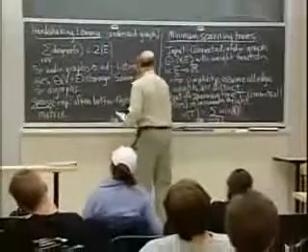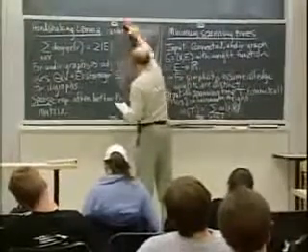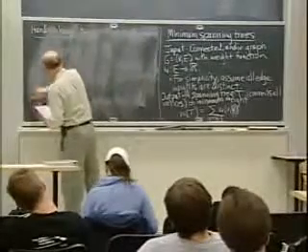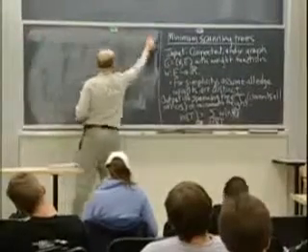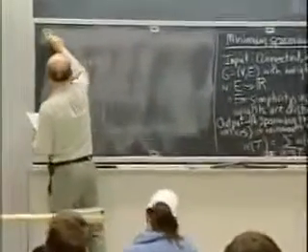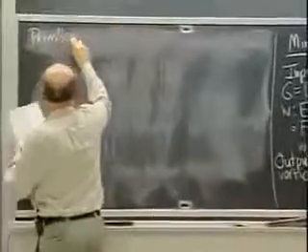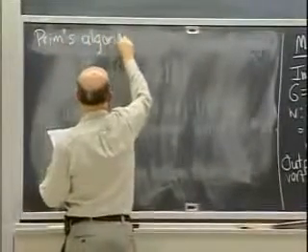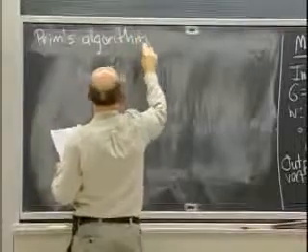Prim eventually became very high up at AT&T because he invented this algorithm for minimum spanning trees. And it was used in all of the billing code for AT&T for many years.